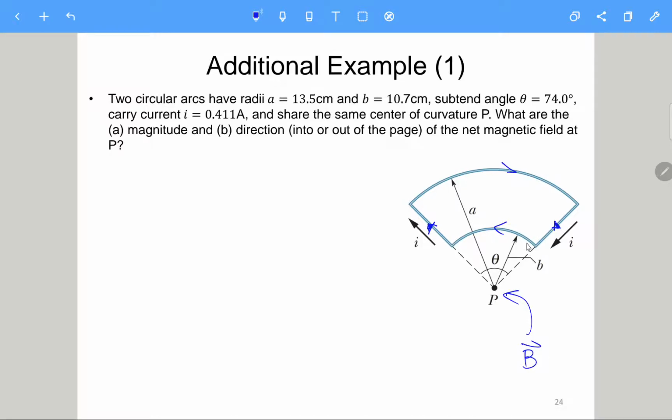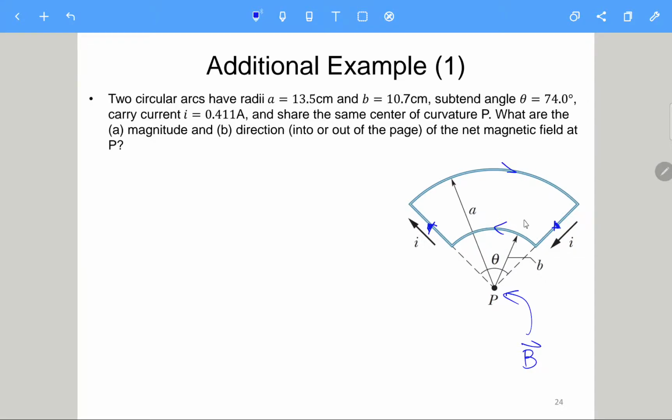You use a forefinger to follow the current direction, and then your thumb will point out of the page. Conversely, for this part, if you use a forefinger to follow the direction of the current, then your thumb will point into the page. So these two parts generate the B field in opposite directions, although the magnitudes are different.